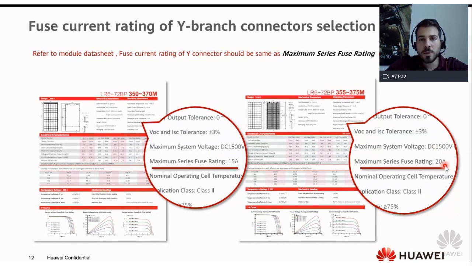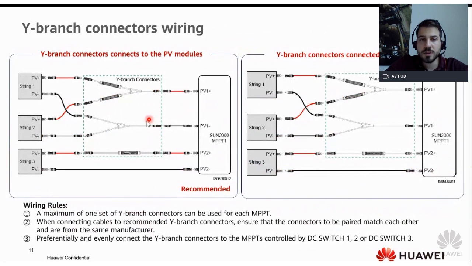And also one important thing regarding these fuses: inside the inverter there are still no fuses, and fuses will be connected only to that MPPT where you need to use one extra string.